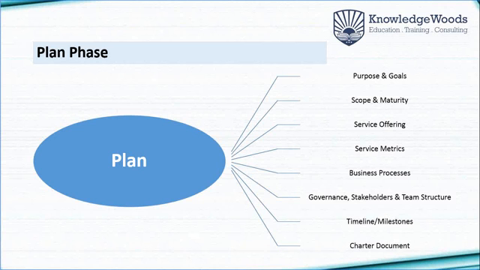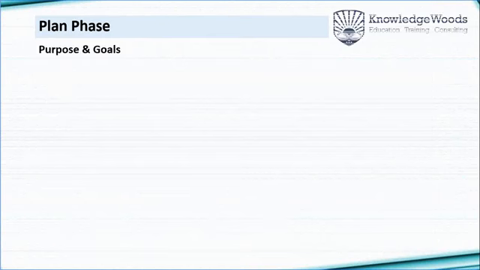So the first thing that you do in planning is decide why you are setting up the PMO: the purpose and the goals of the PMO. A simple statement on purpose and goals can serve as a guide to the PMO team, and can serve as a core communications platform for all stakeholders. So the goals should be a brief statement of what the PMO wants to achieve.